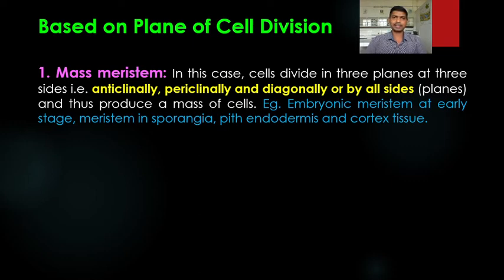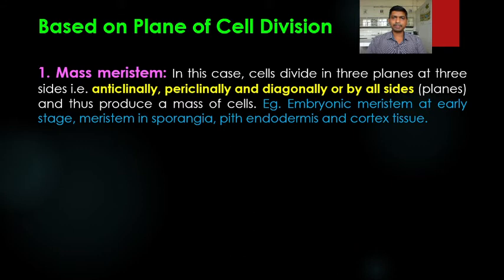Which are these three planes? Anticlinally, periclinally and diagonally, or by all sides or planes, and thus produce a mass of cells.